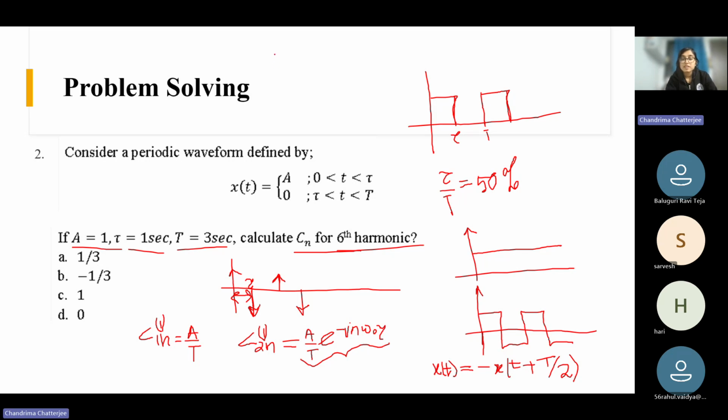And then what will be Cn? Cn will be 1 by j n omega naught, and here A by T, and there will be a minus sign because its strength is negative.